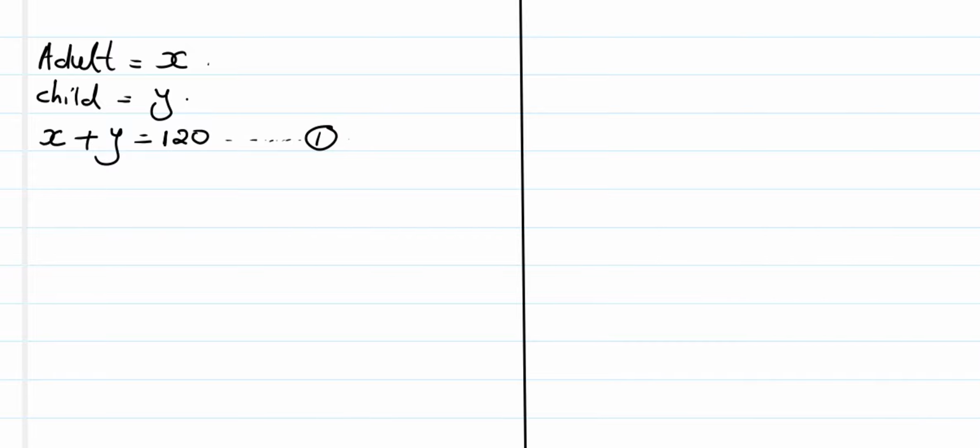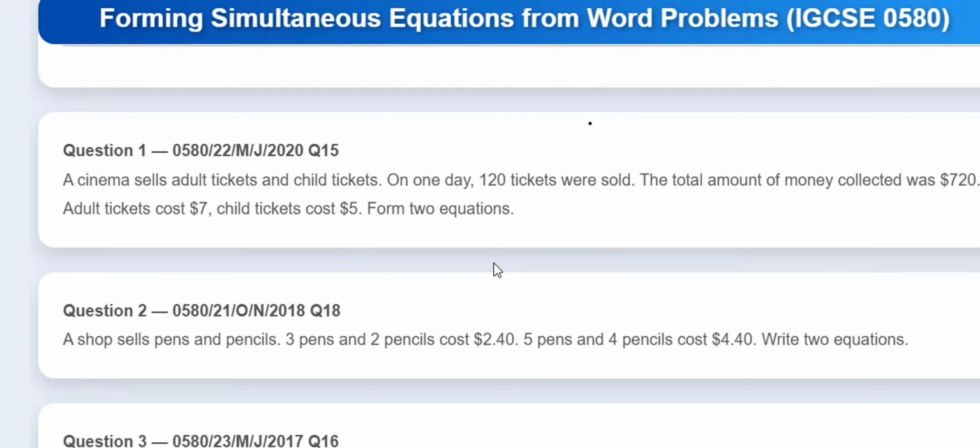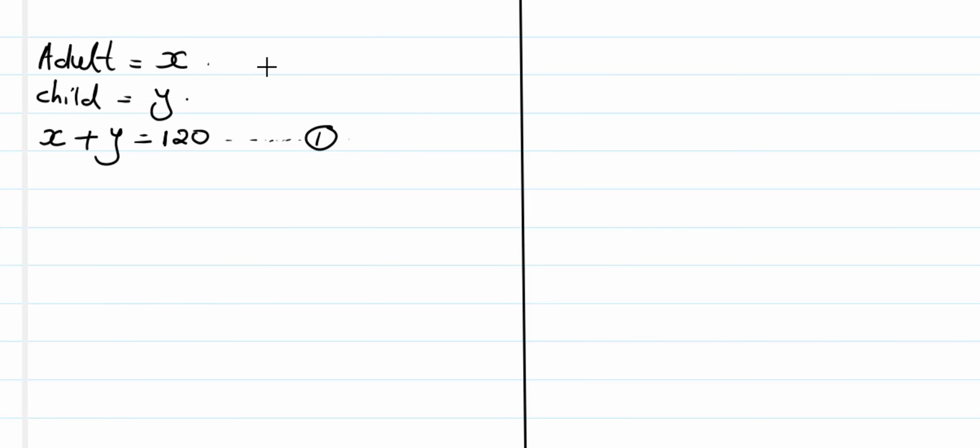Then we can continue. You are told the total amount of money collected was $720, but an adult ticket costs $7. We already know adult tickets are represented by X, and each costs $7.